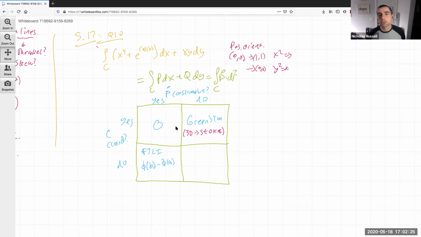And lastly, if it's no and no, if I'm not conservative and I'm not closed, I have no other techniques other than the brute force method. And by the brute force method, what do I mean? I mean what we did back in that other problem, where we parameterize the curve, find r prime, take the dot product, or maybe just take x prime of t, y prime of t, however we want to think about it.